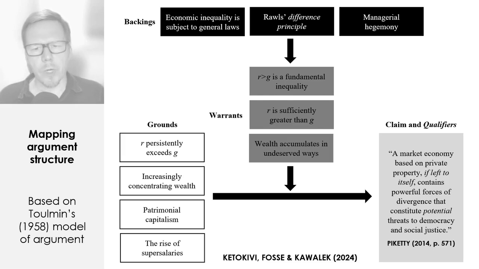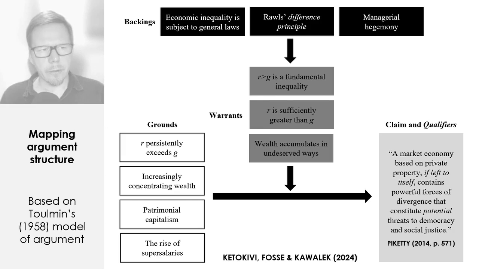On the bottom right in the light gray box, we have the claim, and the italicized words are qualifiers. They are adverbs, adverbial statements, or just short passages that somehow qualify a market economy if left to itself. There's a qualifier. Potential threat, that's another qualifier.